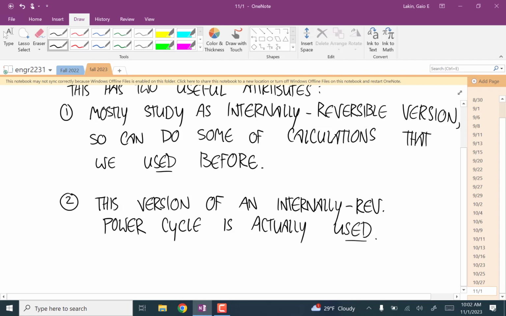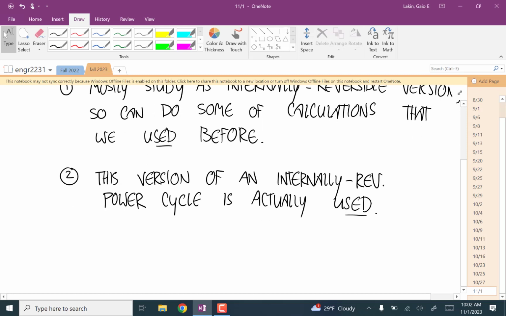There are infinitely many internally reversible power cycles you could create mathematically, but there aren't very many that they actually implement in power plants and whatever.